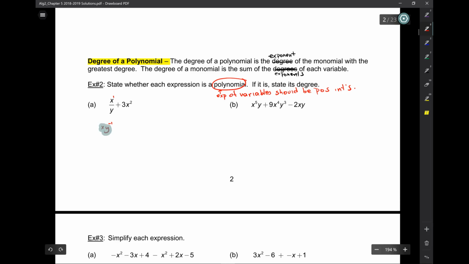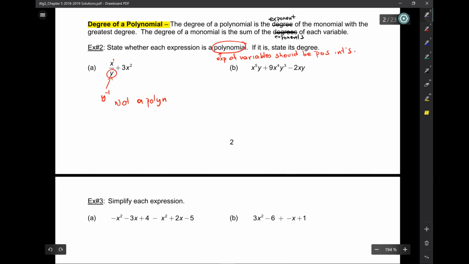So if you have a variable underneath, it can't be a polynomial. Okay? Not a polynomial. So basically, you can't have variables in the denominator.